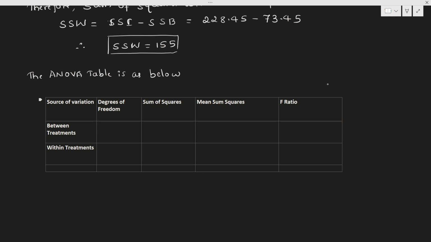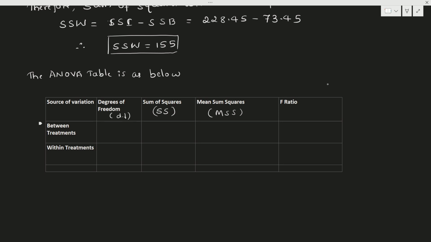It contains source of variation, degrees of freedom, sum of squares, mean sum of squares, and F ratio. Sum of squares we denote by SS, mean sum of squares by MSS, and degrees of freedom by D.F.